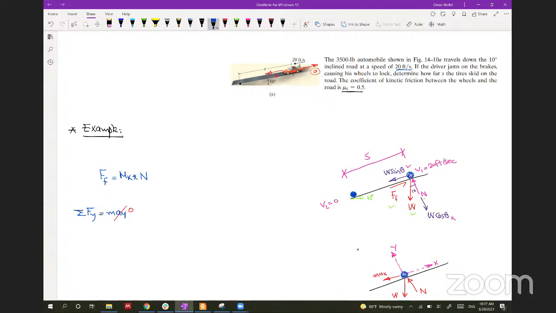And the sum of Fy, you will have in the y direction one of the components, negative W cosine theta, because we have W cosine theta and W sine theta, and all of these will be equal to 0.